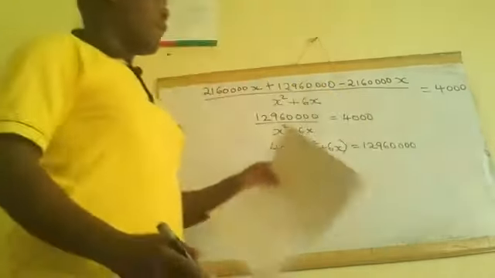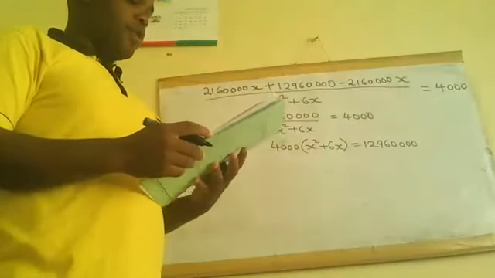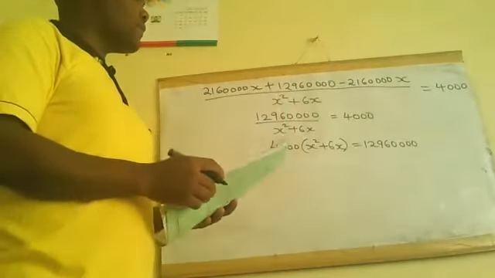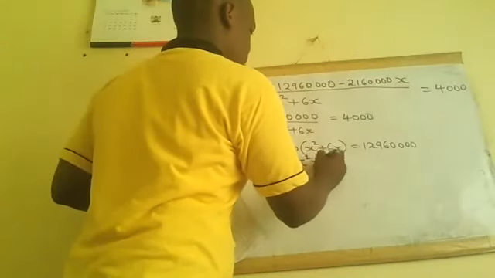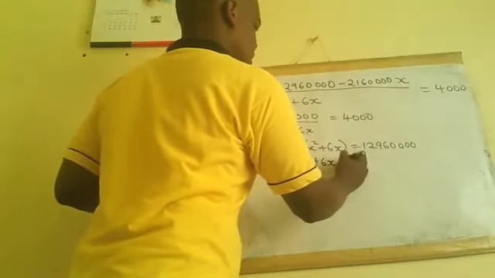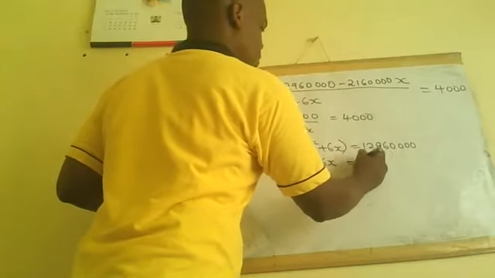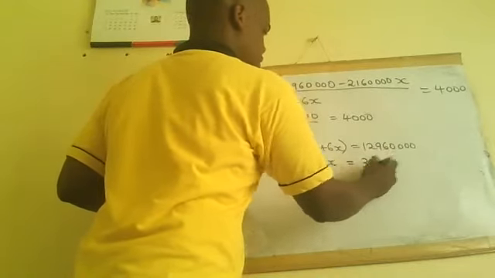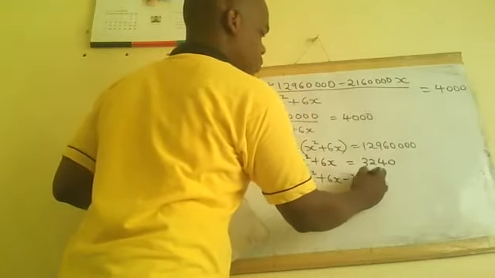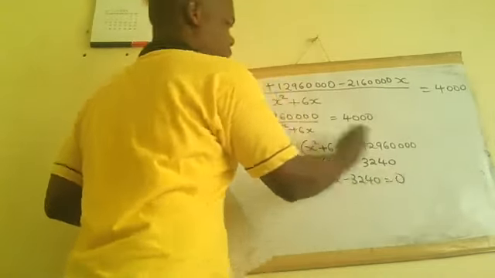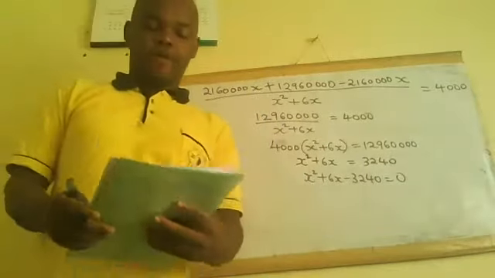Then it is easier for us to divide both sides by 4,000, and you'll have x squared plus 6x is equal to 3240. So x squared plus 6x minus 3240 is equal to 0, because when you cross the equal sign, you have that.